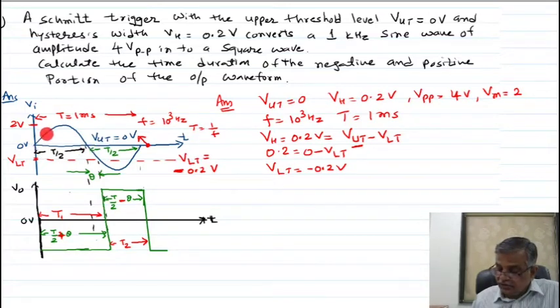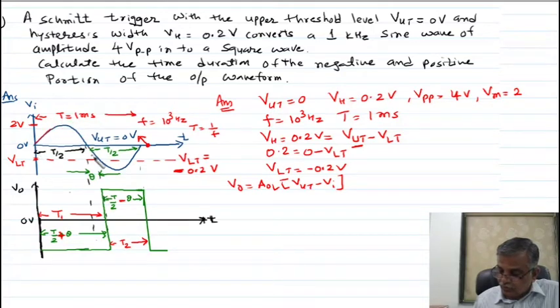So during this time your input is negative, means overall input is negative. You know this equation, VO is equal to AOL into VUT minus VI. So during this it is negative. This I am showing you.